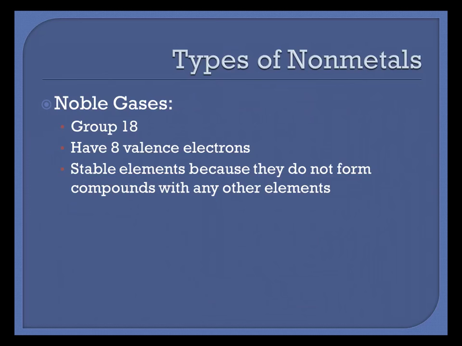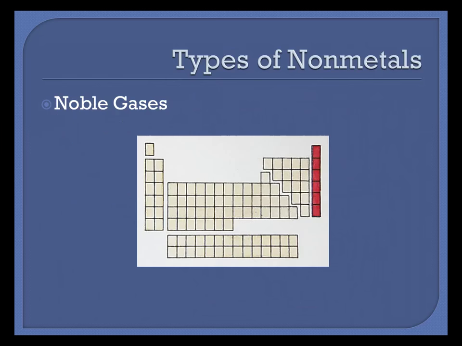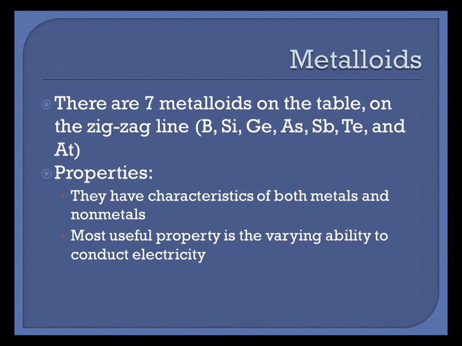So noble gases don't have any need to make bonds with other elements, so they'd rather stay by themselves. And these are located on the very far edge of the periodic table. So with the exception of noble gases, the further out to the edges you get, the more reactive these elements are going to be.